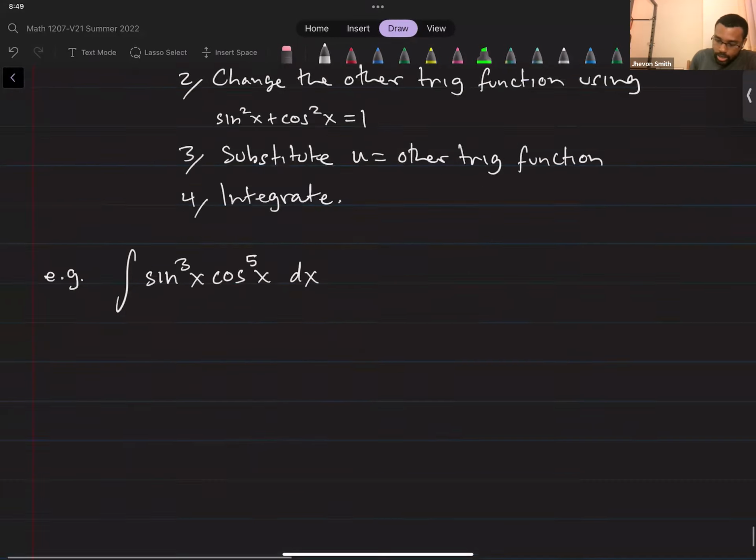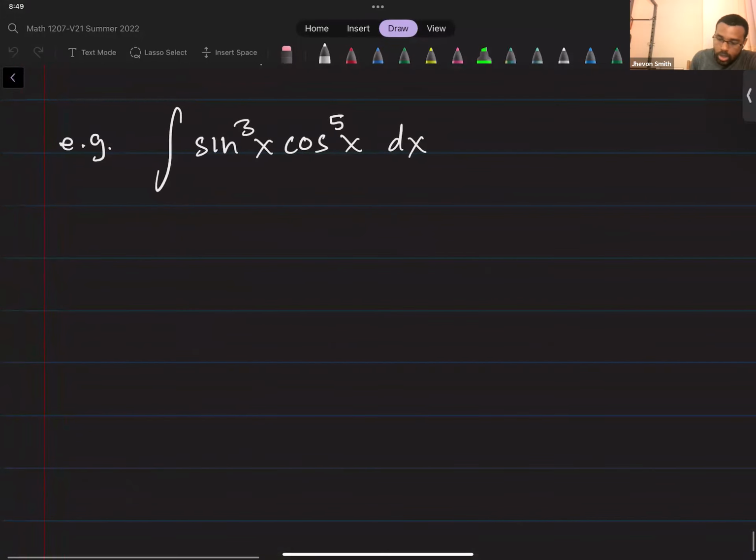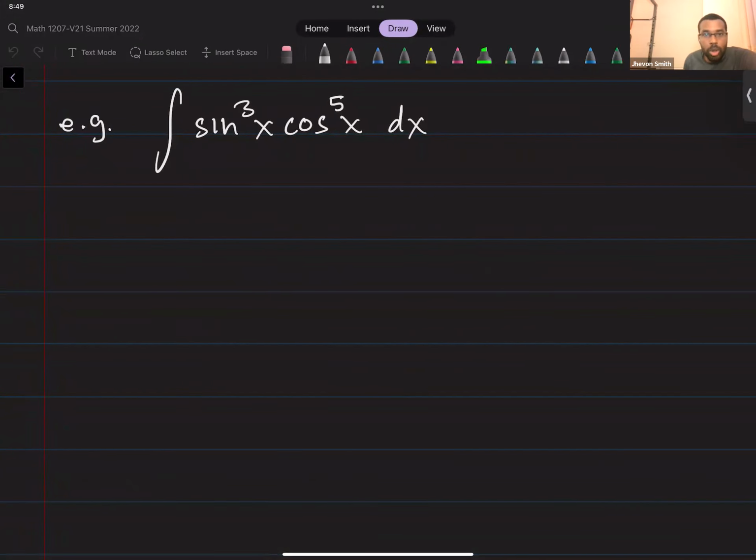So in this case, sine x has the smaller power. We'll save a factor of the sine.